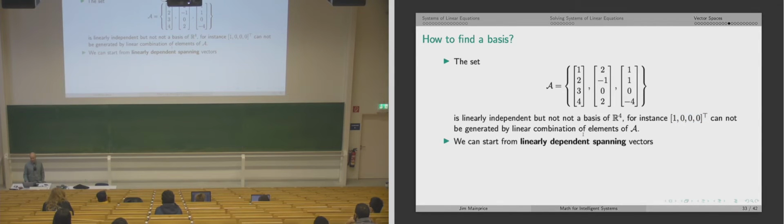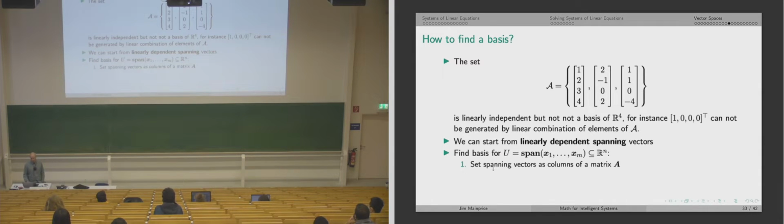So how do we find a basis? We can start with a set of linearly dependent vectors spanning the vector space U, and then find a basis by having the set of spanning vectors as columns of a matrix A, and solving using Gaussian elimination for a row echelon matrix such that the matrix times lambda is equal to 0.